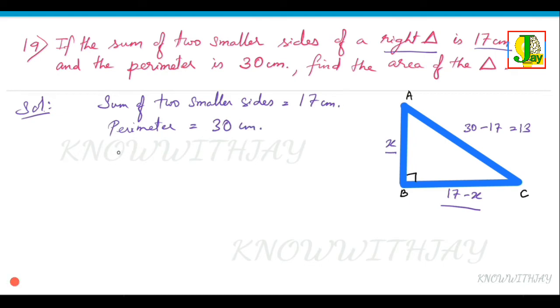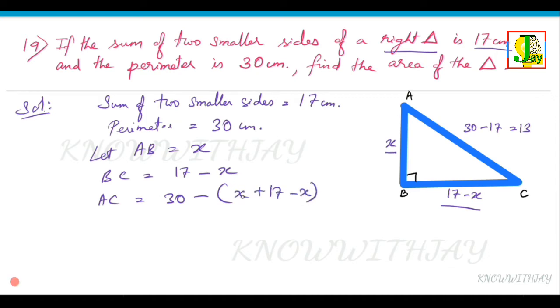So let the height, or you can say let AB equals x, and then BC equals 17 minus x, and AC equals 30 minus the sum of those two, that's x plus 17 minus x, or it's 17 only, so that's 13.